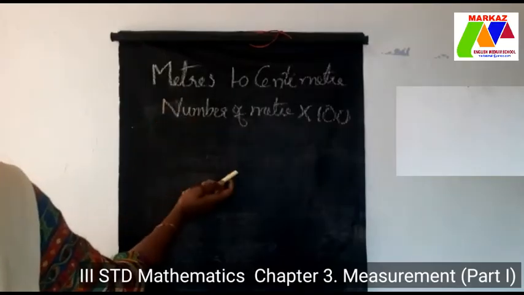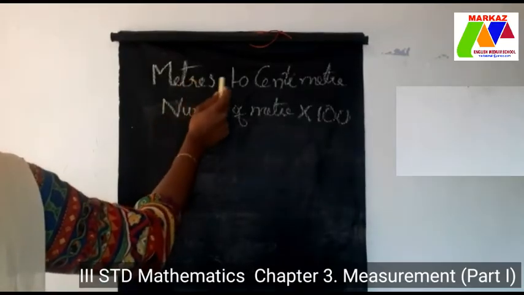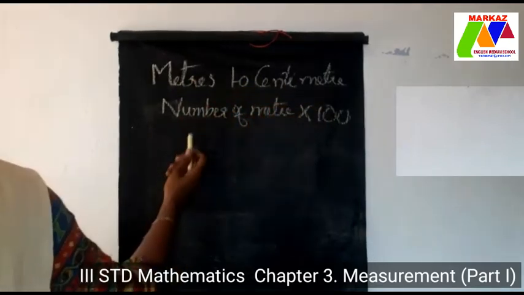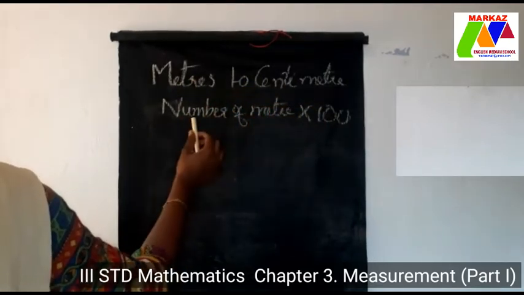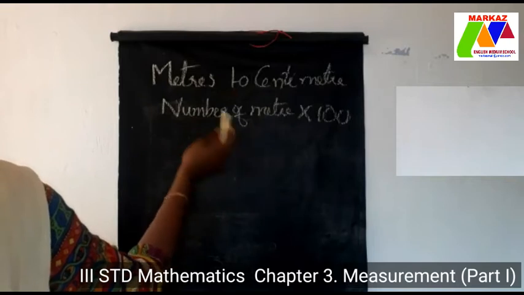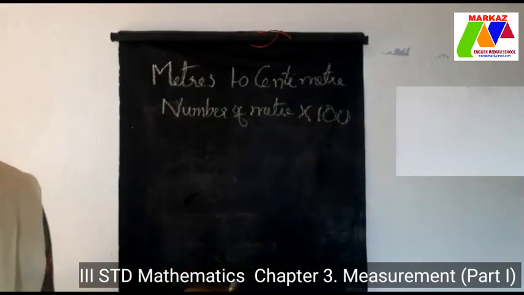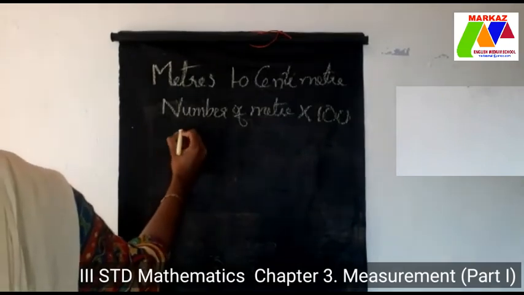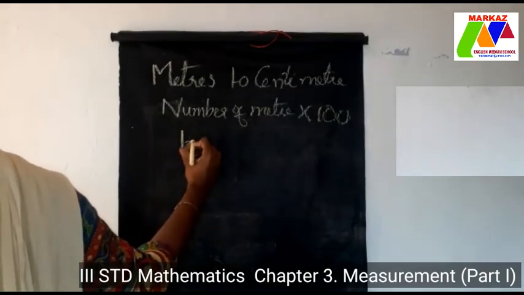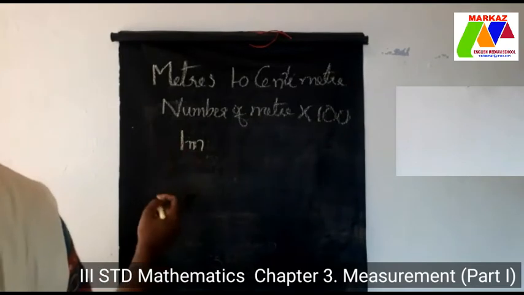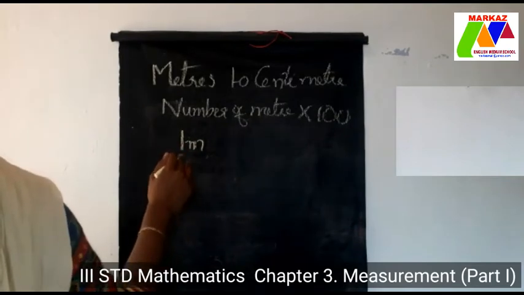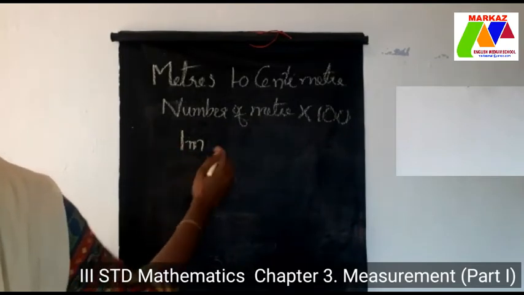Students, now let us study how to convert meters into centimeters. So what we have to do? We have to multiply the number of meters by 100. Let us study with some examples. So 1 meter. Now we are going to convert this 1 meter into centimeter.